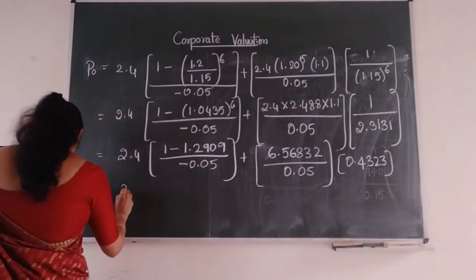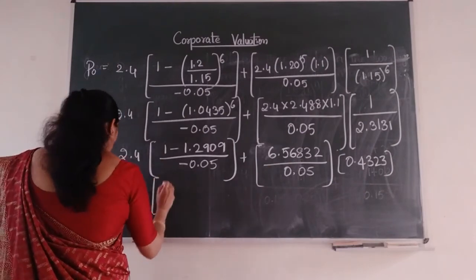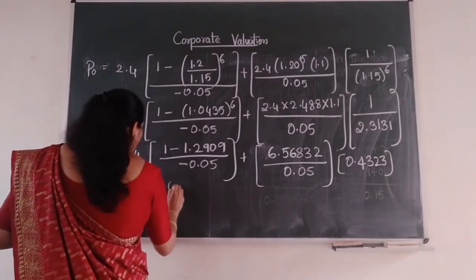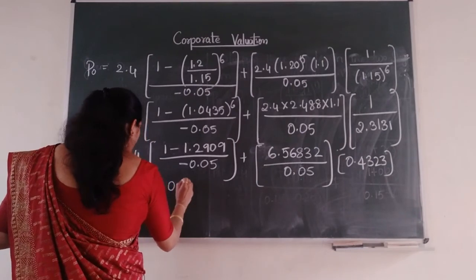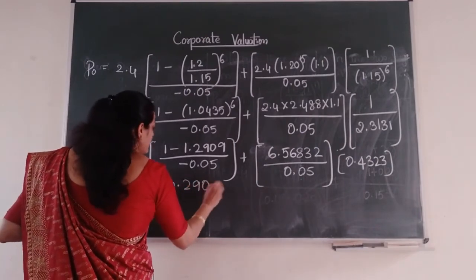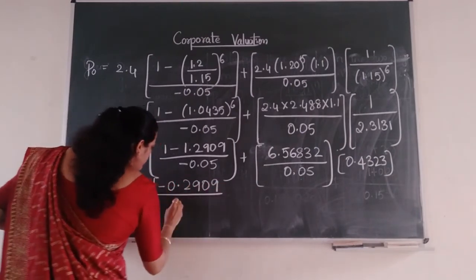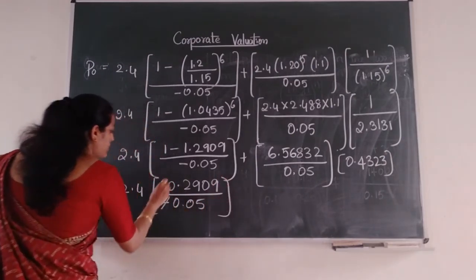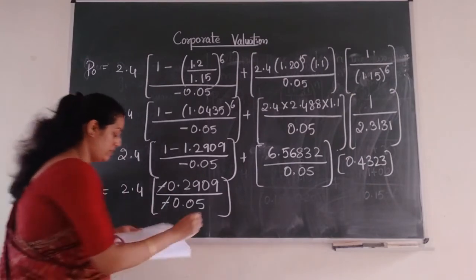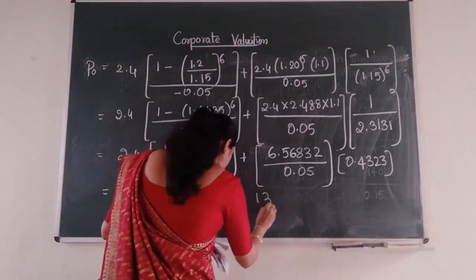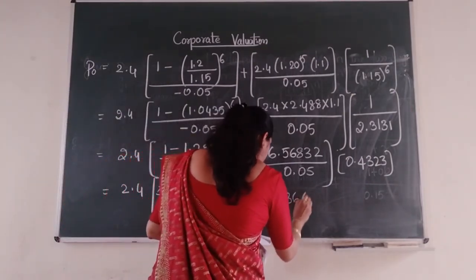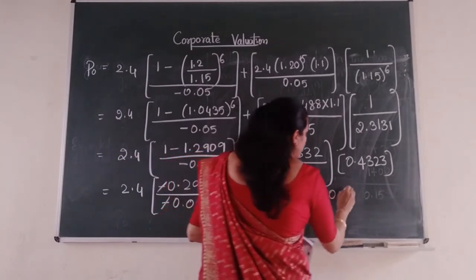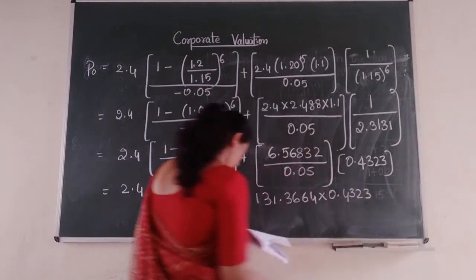So, 2.4 into 1 minus 1.2909 is 0.2909, divided by minus 0.05, minus and minus get cancelled, plus 131.3664 into 0.4323.